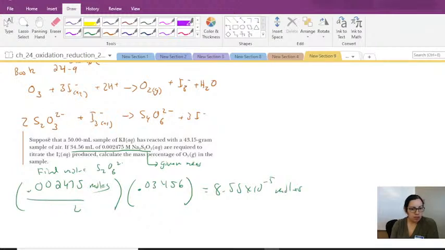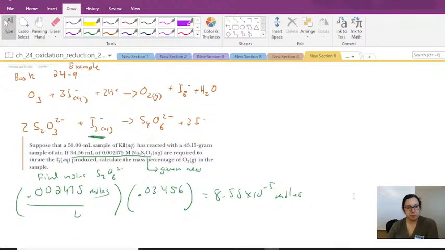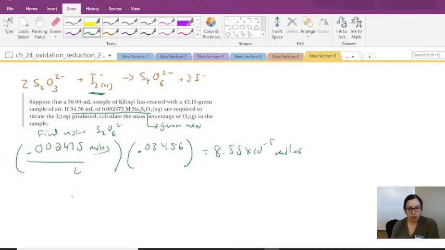And then again, just use our ratio. We want to figure out our I3 concentration, which is equal to our ozone. And so we could set something up like that. I want moles of iodine.